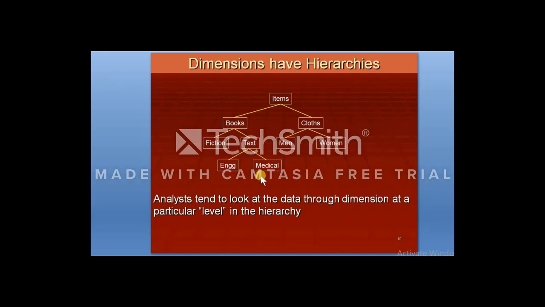So when we talk about hierarchies, we bring all the hierarchies of a dimension and put them inside a single dimension. So we do not have to make more entities for that dimension, and there will be a lesser number of entities in that case. Analysts tend to look at the data through dimensions at a particular level in the hierarchy.